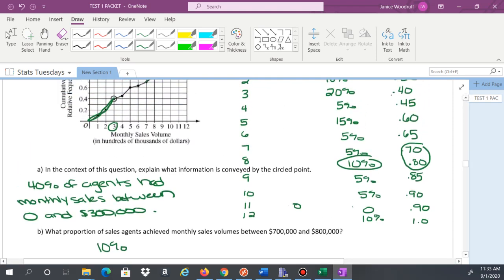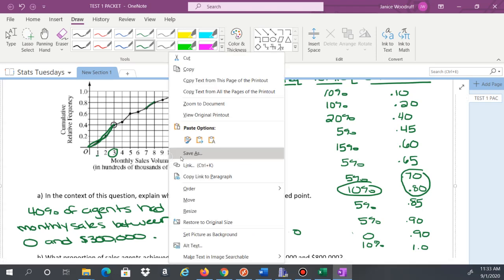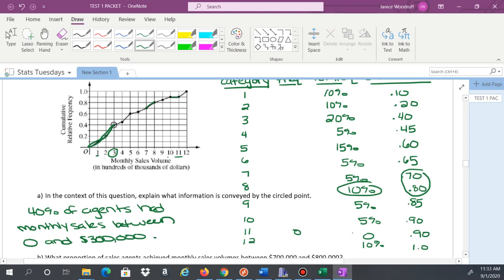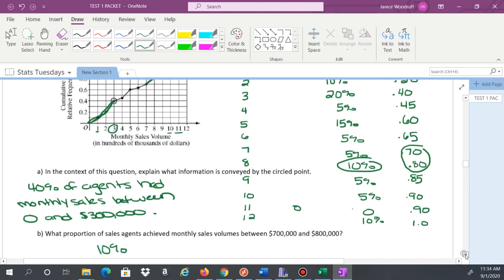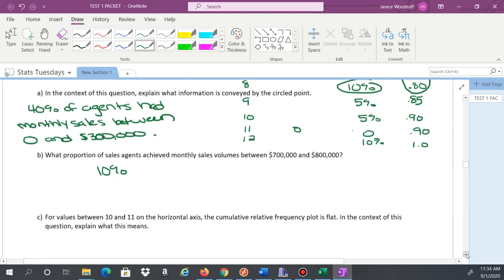How much money is that between 10 and 11? If it's in hundreds of thousands, this would be 100. So then this would be 1 million, and that would be 1.1 million. So there is no difference. So that means nobody had a sales volume in that category because it didn't increase at all. Okay, there was nobody in that frequency.